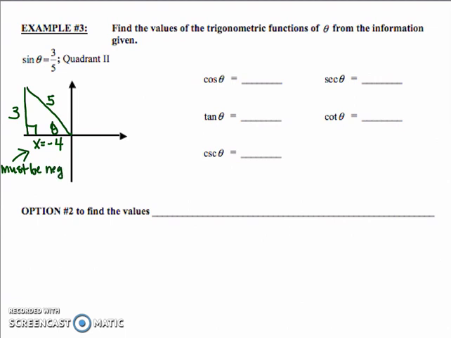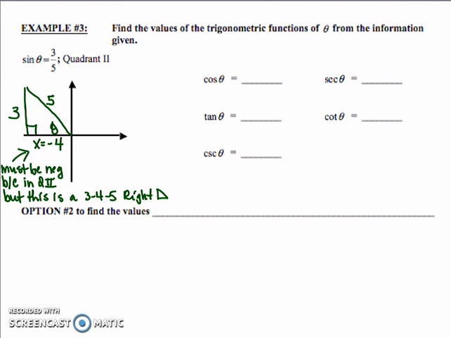Must be negative because it's in quadrant 2. But this is a 3, 4, 5 right triangle. All right, so now that we have that information, we can go ahead and find our 6 trig values.